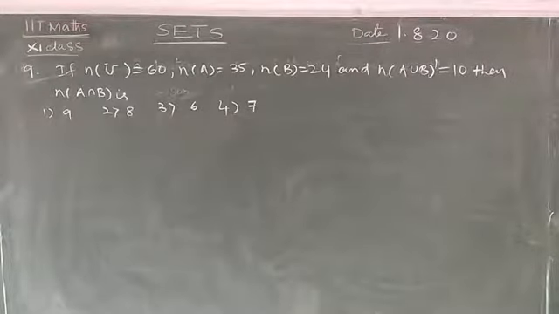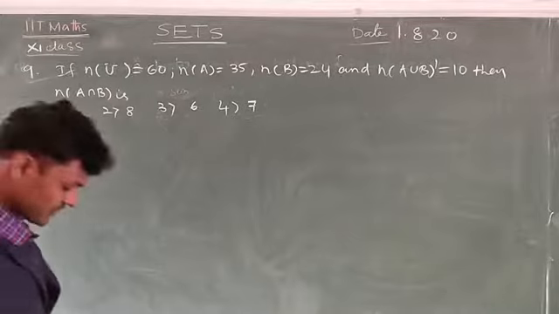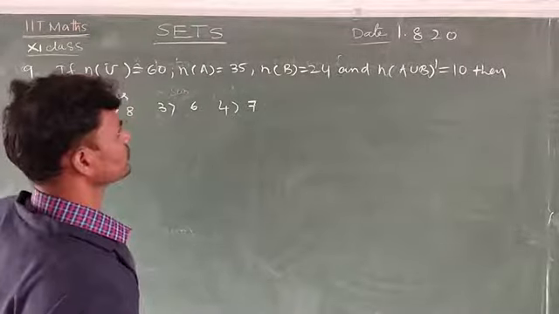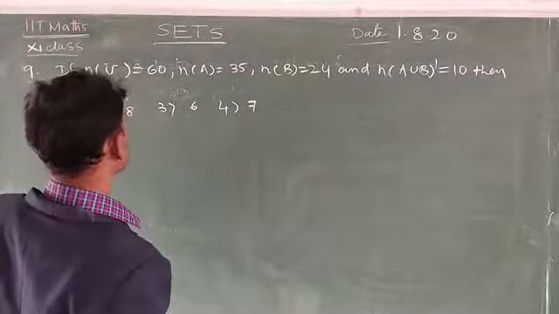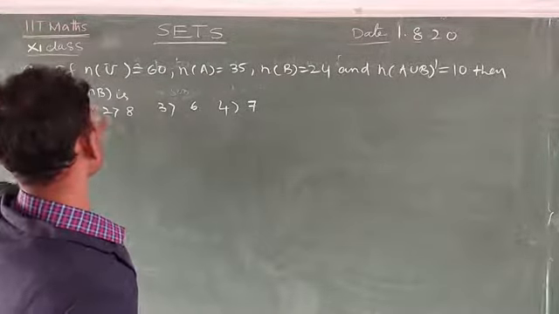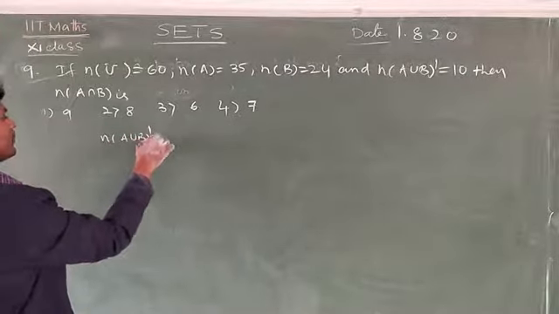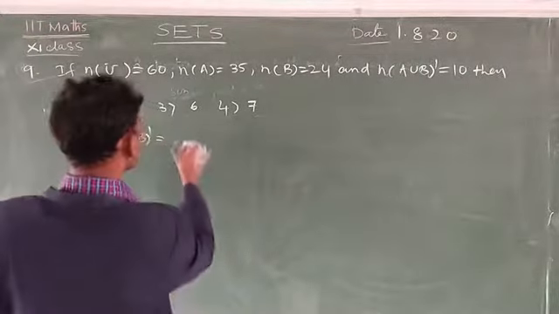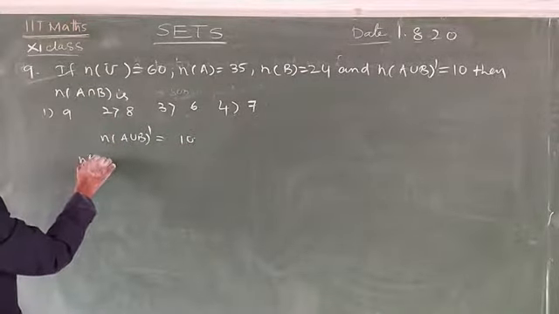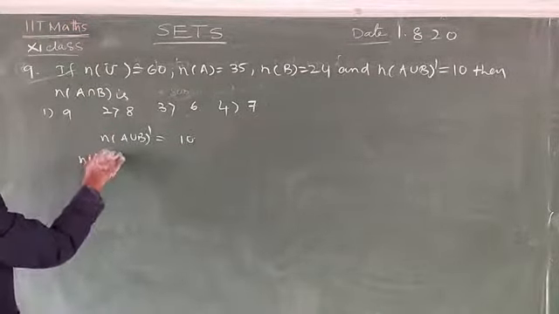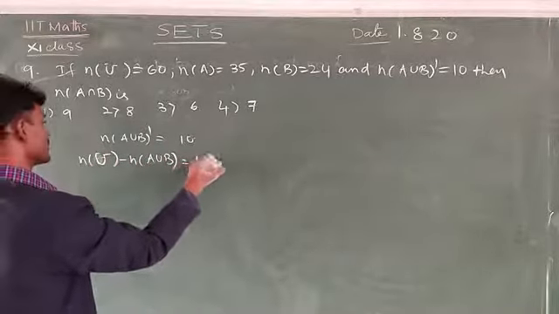Okay, next, ninth problem. If n of μ is equal to 60, n of A is equal to 35, n of B is equal to 24, and n of (A union B) whole complement is equal to 10, then find the value of n of A intersection B. Now see here, n of (A union B) whole complement is equal to 10 as given. Now this is written as n of μ minus n of (A union B) is equal to 10.